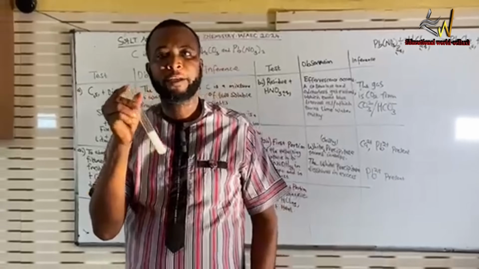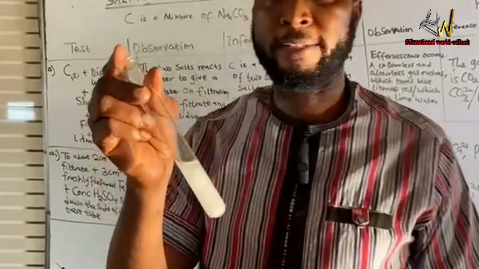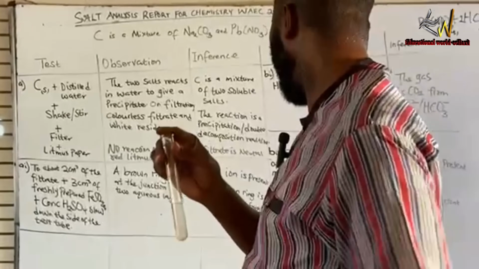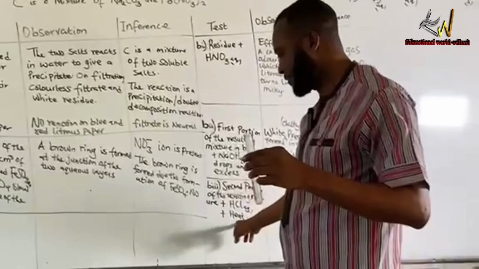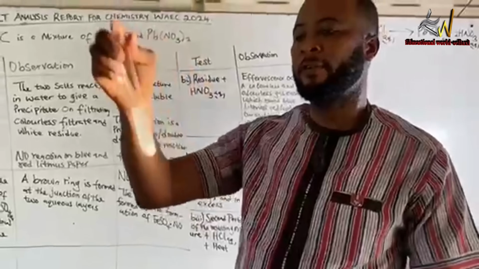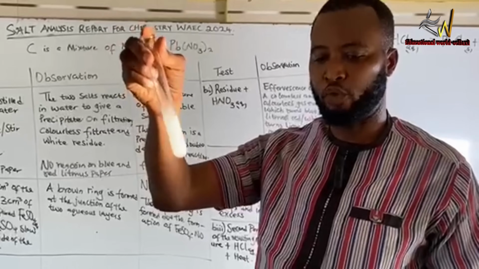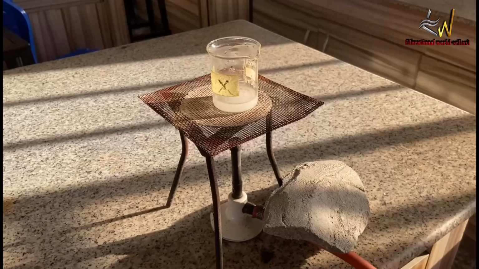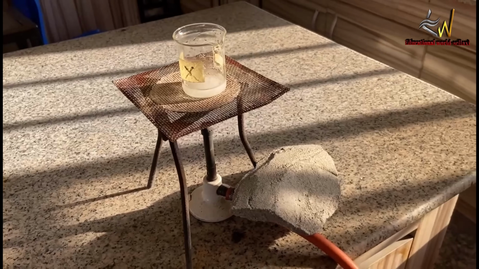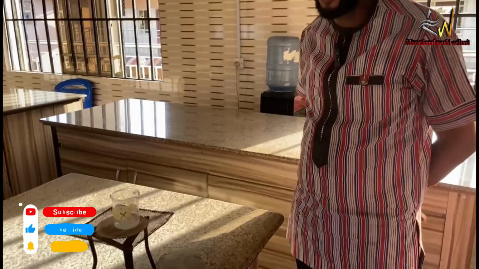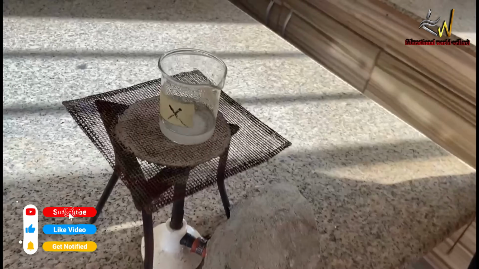There is something remarkable about lead chloride. On heating, they will ask you to heat. On heating, the white precipitate will be soluble, will dissolve. On cooling, it will what? Reappear. So let's see what happens on warming, if the white precipitate will dissolve on warming.